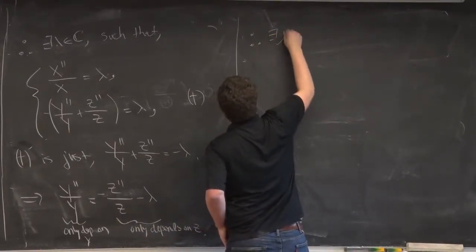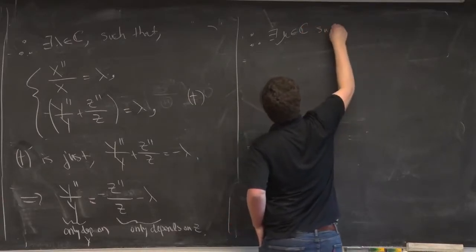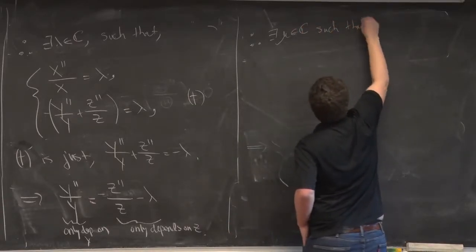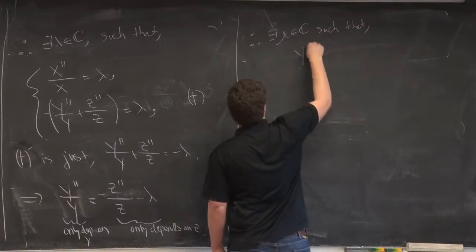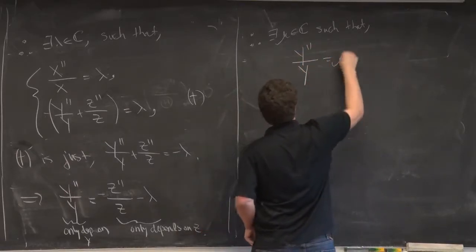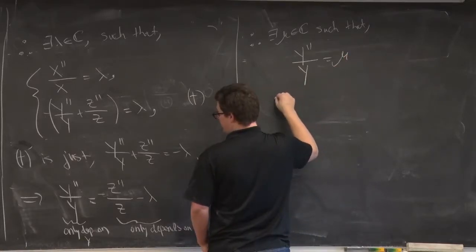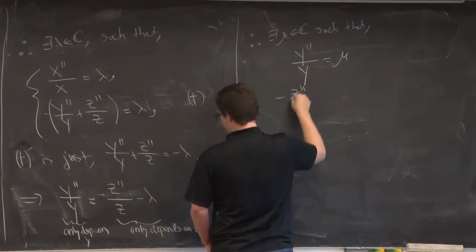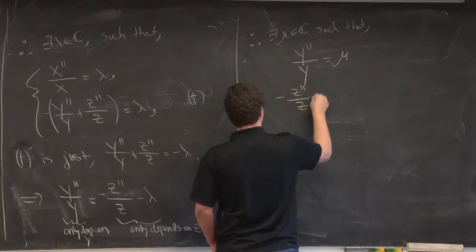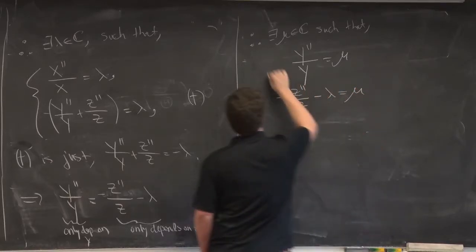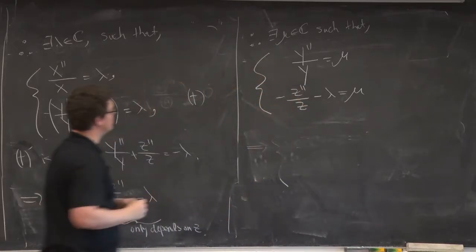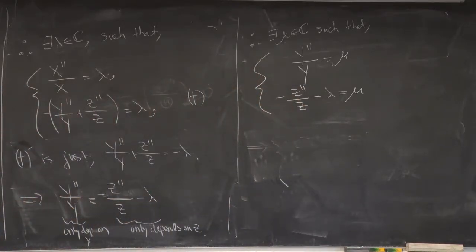There exists some mu in C such that the following equation holds. Y prime prime over y is equal to mu, and negative z prime prime over z minus lambda is equal to mu. Okay? And so this gives us the following set of equations, right?